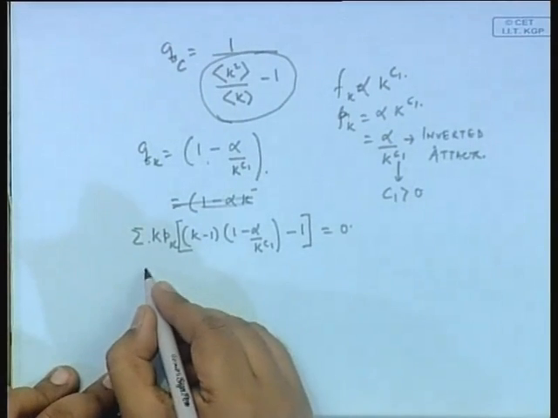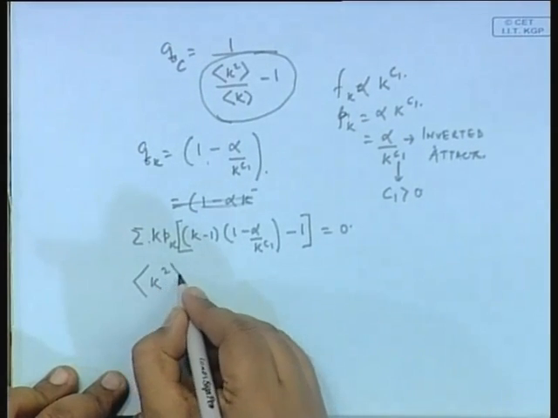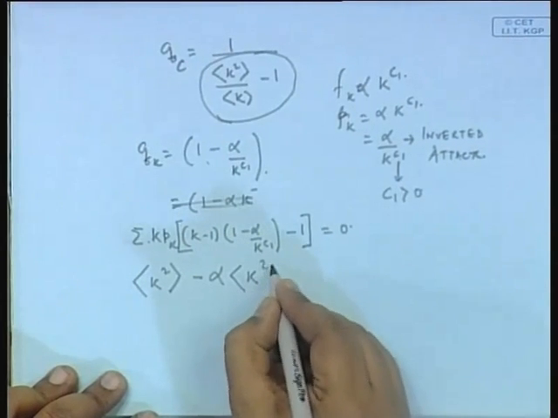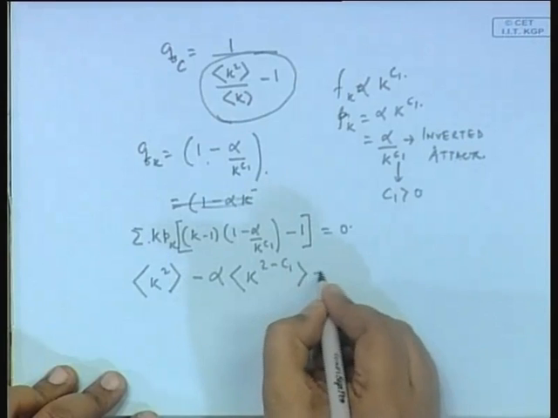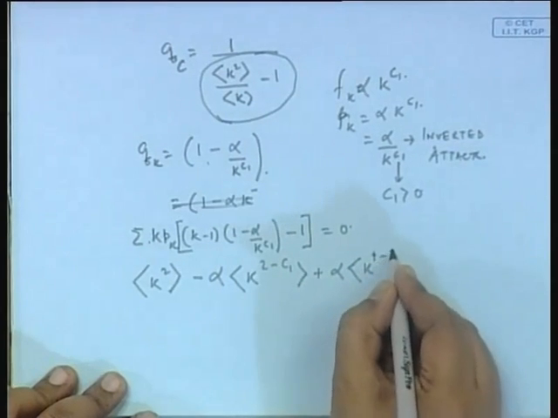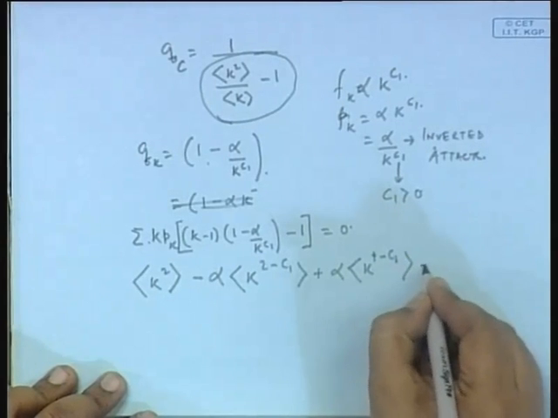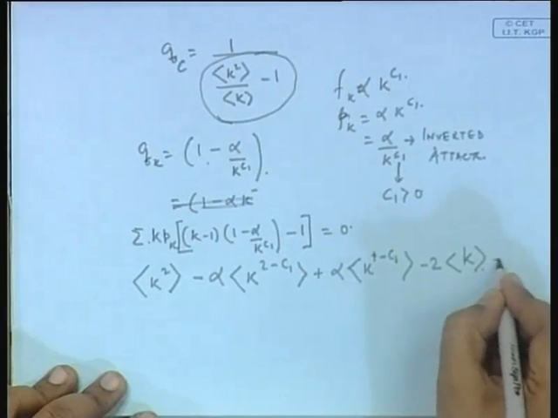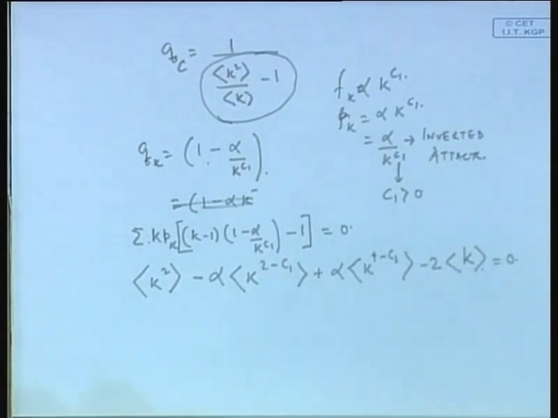And you can see that it will be k square minus alpha k 2 minus c 1 plus alpha k, 1 minus C 1 minus 2 k. Okay.